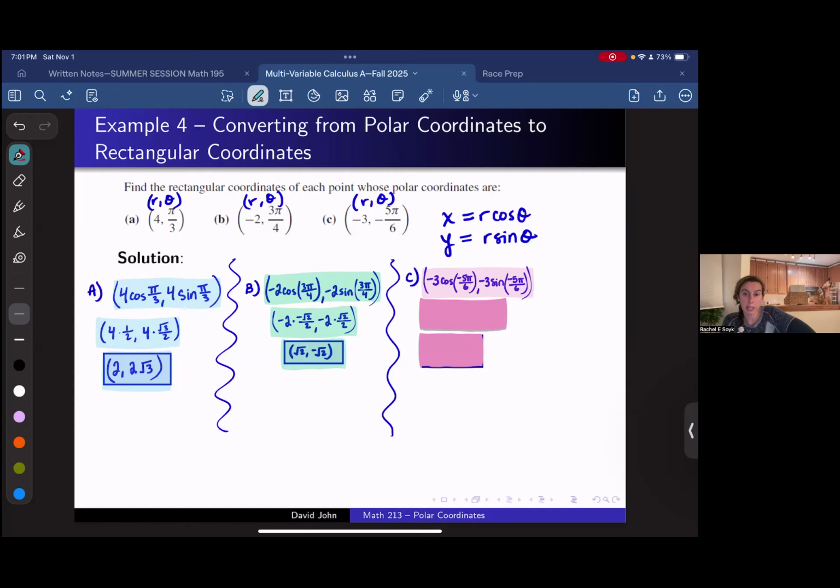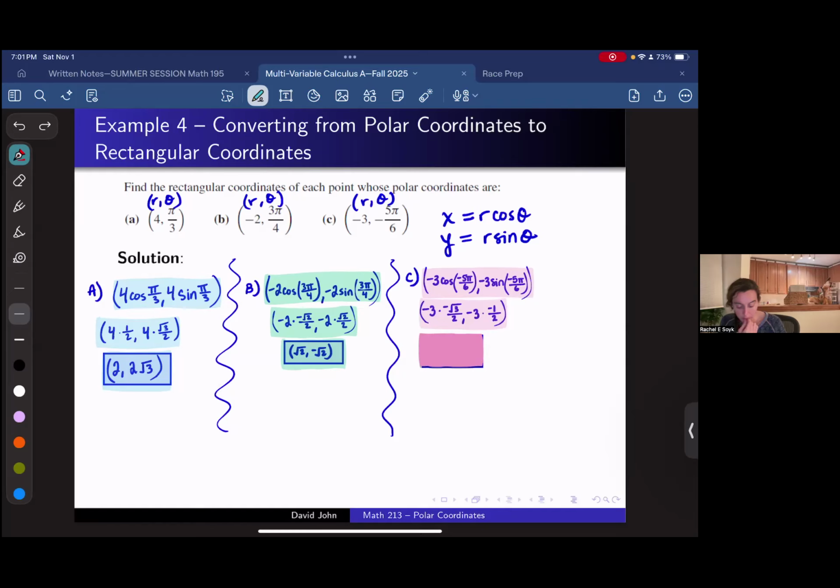So both cosine and sine are going to have negative output values. And so cosine of that reference angle, pi over 6, is just square root of 3 over 2, but it's negative. So negative square root of 3 over 2. So that x-coordinate is -3 times negative square root of 3 over 2, comma, and then our y-coordinate is -3 times, and then sine of pi over 6 is 1/2, but it's going to be times -1/2.